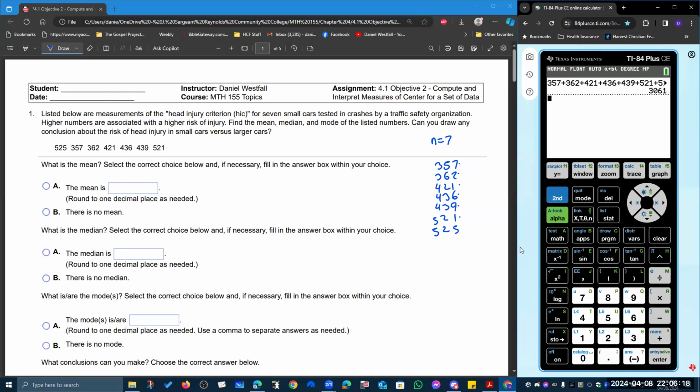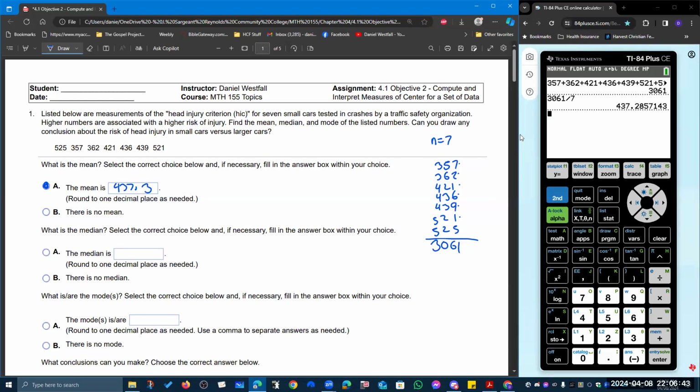When I add them all together, I get 3061. I'm going to take 3061 divided by 7. They already told me I'm going to round, so the mean is, rounded to 1 decimal place, 437.3.